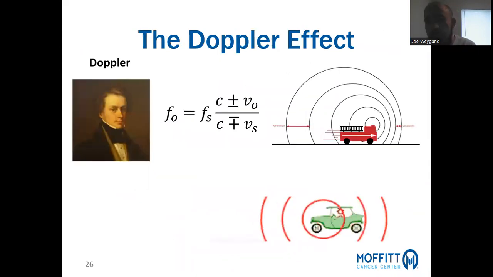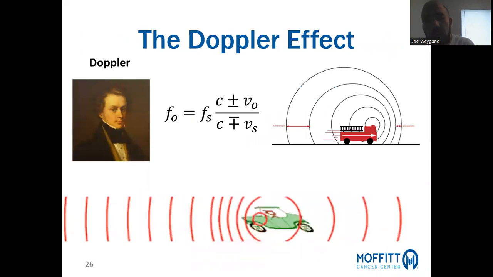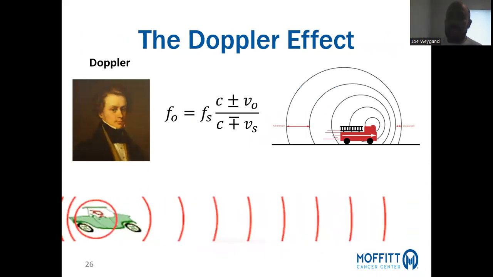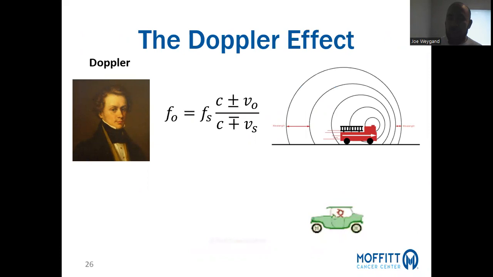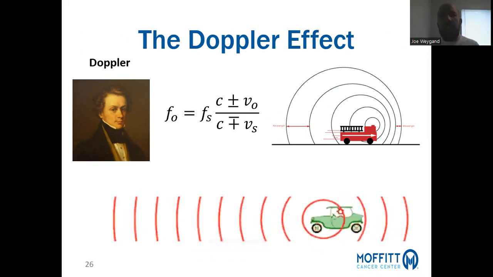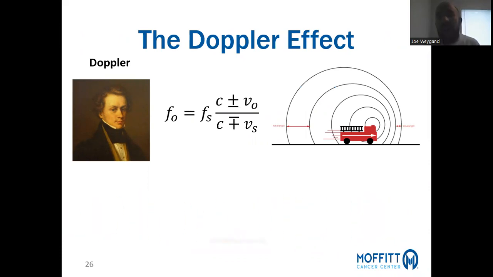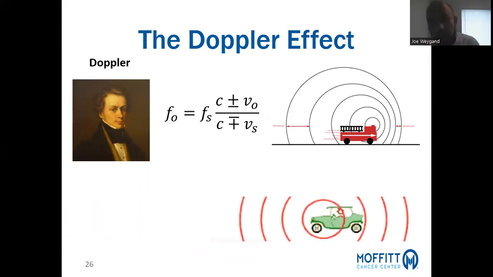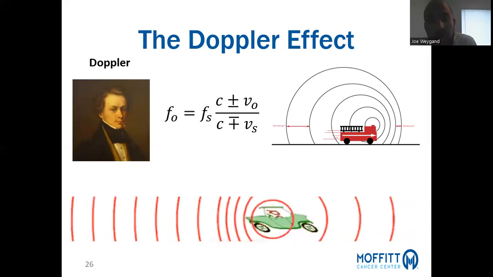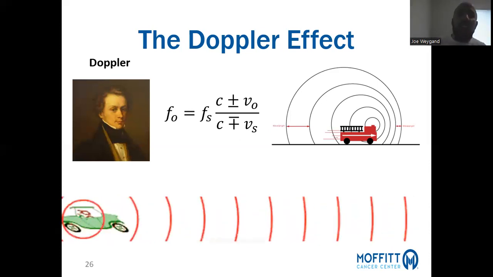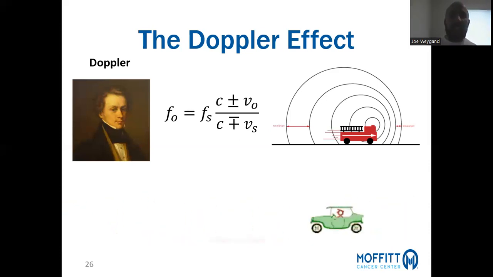And this utilizes an effect known as the Doppler effect. Basically, it's a relativistic effect that says the observed frequency of a sound wave is dependent not only on the initial frequency of the sound wave when it's emitted, but also on the relative velocity between the source and the observer.